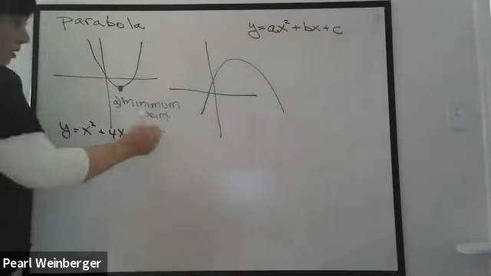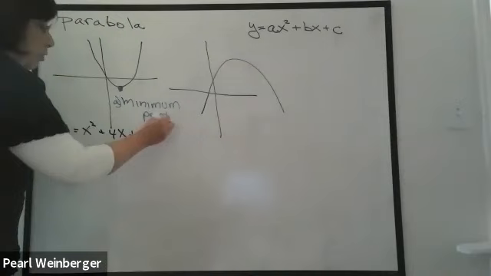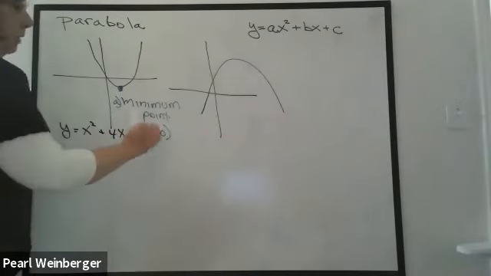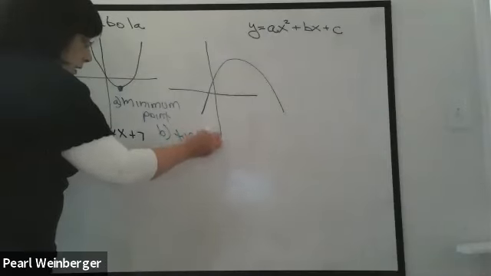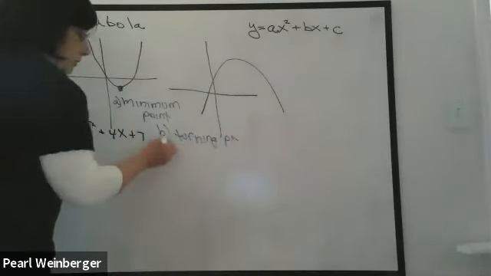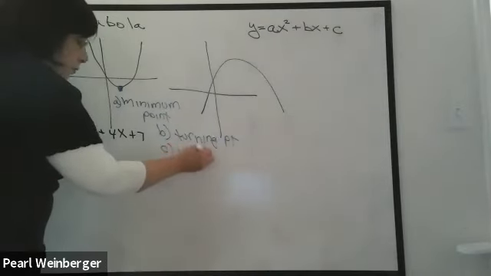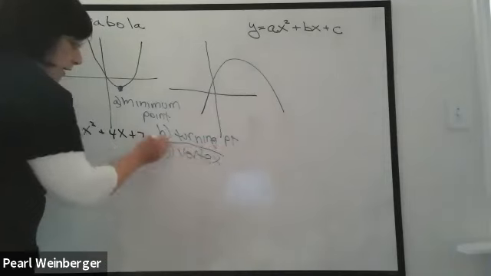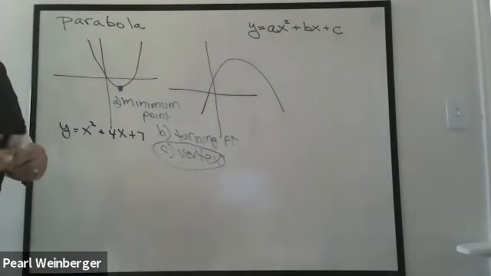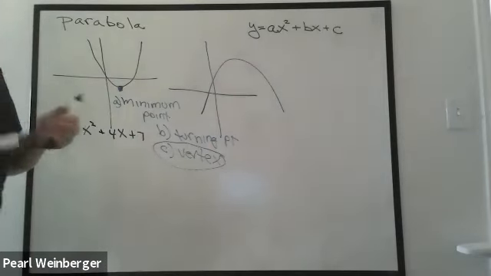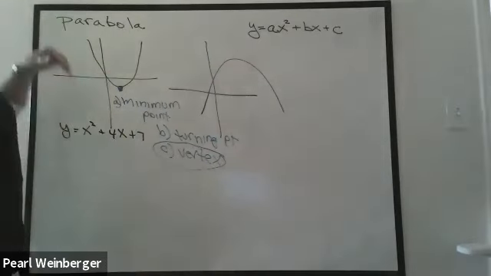It could be called the turning point. It could be called the minimum point. And also sometimes the third thing it's called is the vertex. Probably this is the most common name for it, the vertex. But all these names indicate exactly the same thing: the point where this thing basically turns around.